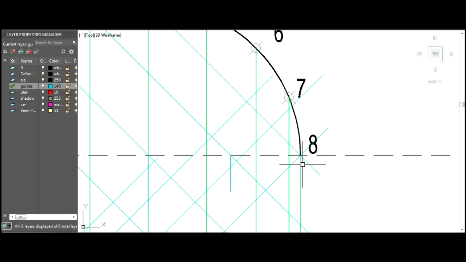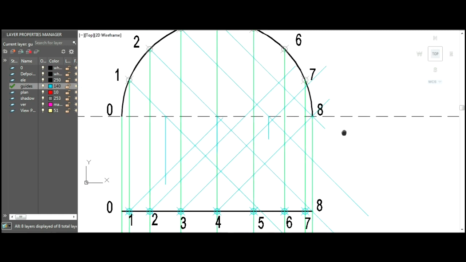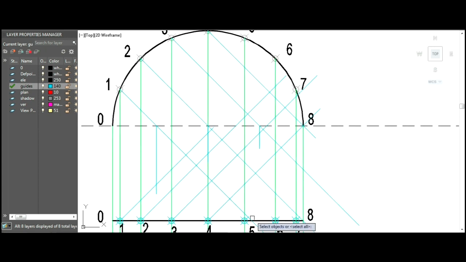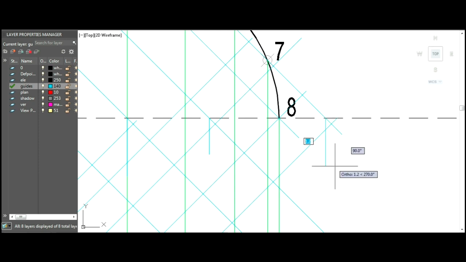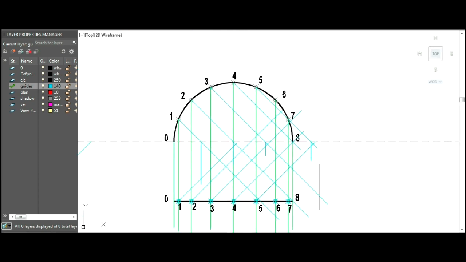So that is where the point will be. No drawing verticals here. Okay, so next let's draw the light ray from plan for point 5, at 45 degrees. Okay, so again we get this point, we draw the line down.